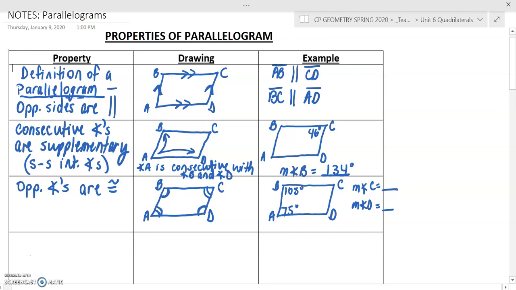So right away, I know the measure of angle C is going to have to be 75, and the measure of angle D is going to have to be 105.